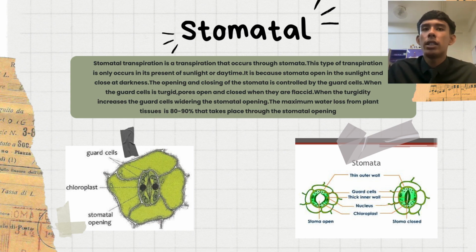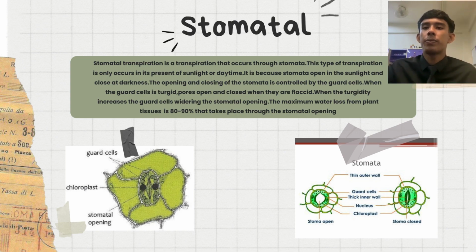When the guard cells are turgid, the pores open, and they close when the cells are flaccid. Turgidity increases in the guard cells, widening the stomata opening. The maximum water loss from the plant tissues is between 80% and 90%, which takes place through the stomata opening.